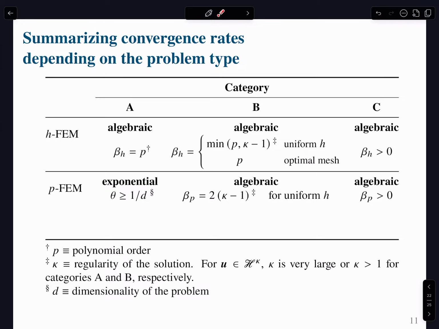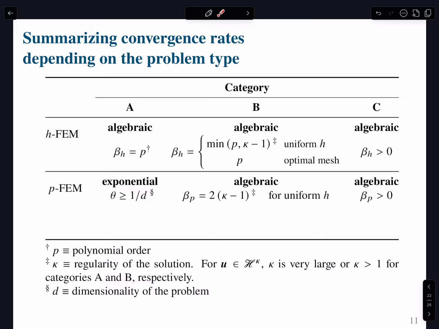Now let's take a look at p-FEM. For p-FEM, again, for smooth problems, remember that we recover exponential convergence rates. If we take that initial equation of the bound and apply the log twice, we can recover that constant theta, which was, if you recall, the slope of the second time that you took the natural logarithm.